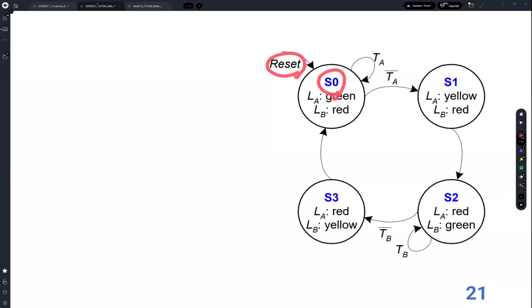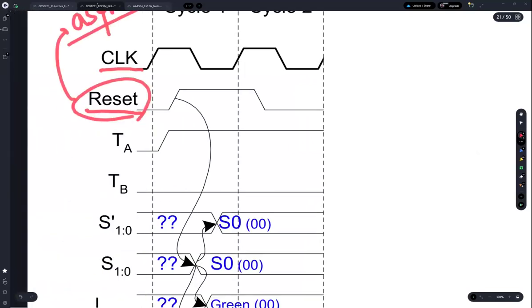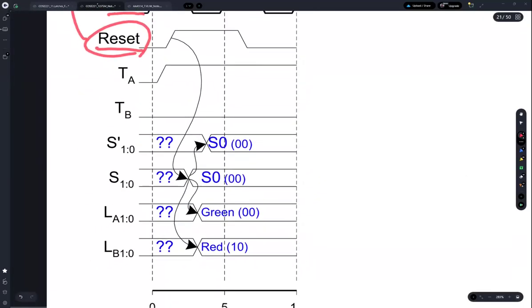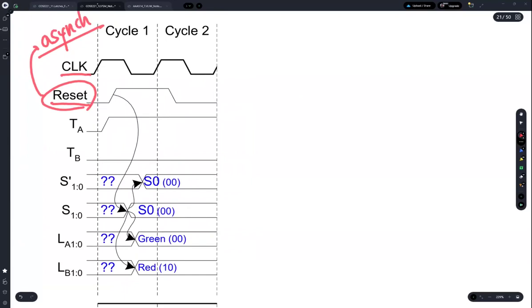The output is changed immediately by the reset signal. So when we define a state transition diagram, we also need to define the reset state, the initialized state. If the reset is 1, then the state is S0. I mentioned that we require a reset state for generating a stable system.